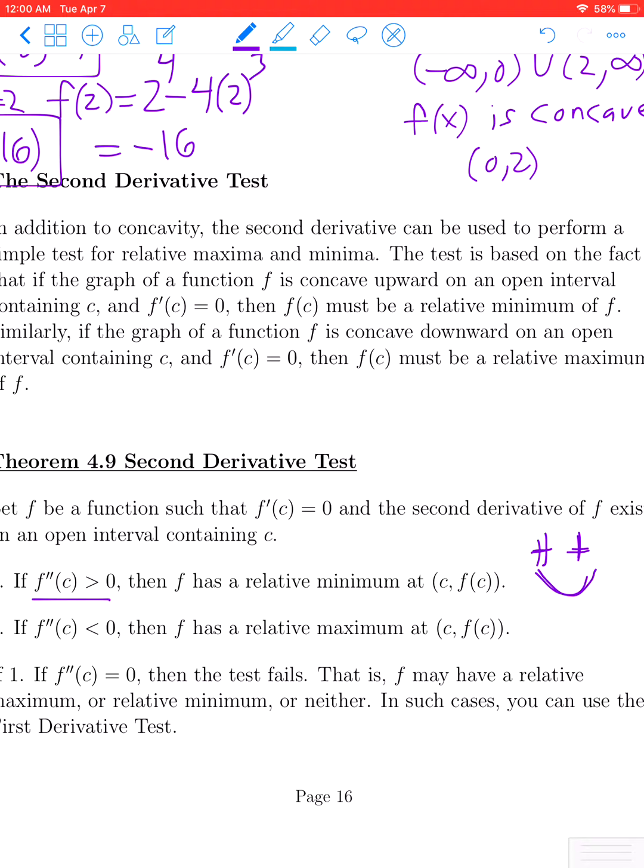A happy face has a mouth that is concave up, which would provide a minimum value. On the other hand, if the second derivative was less than 0, negative, think of a frowny face, and that would produce a maximum. So maybe this will help you to memorize the second derivative test.